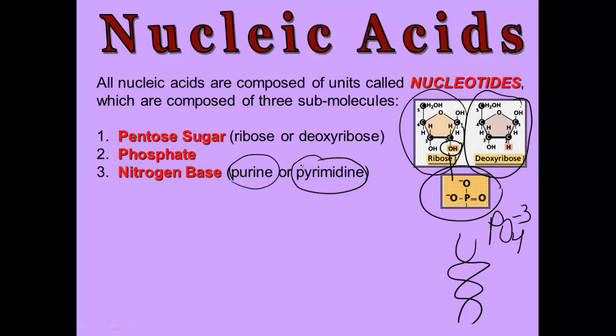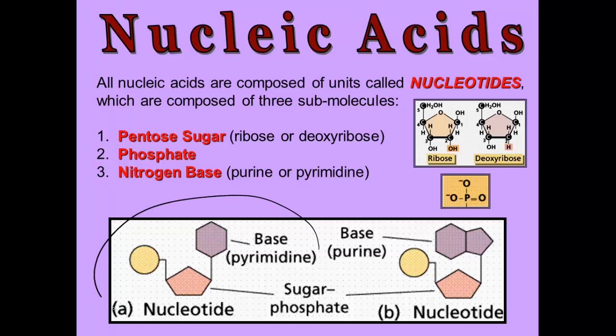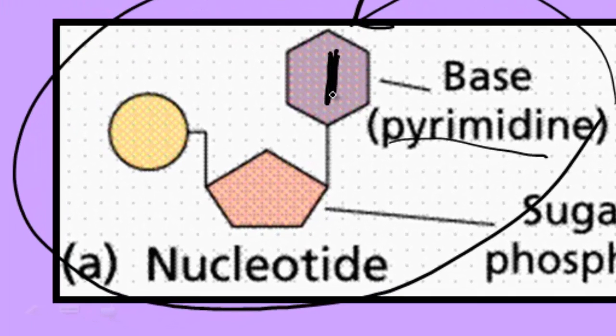So what's the difference between a purine and a pyrimidine? Let's find out. If you look at this nucleotide, you'll notice that the nitrogen base is a pyrimidine. What's the difference between a pyrimidine base and a purine base? Well, you'll notice that a pyrimidine only has one ring on its structure.